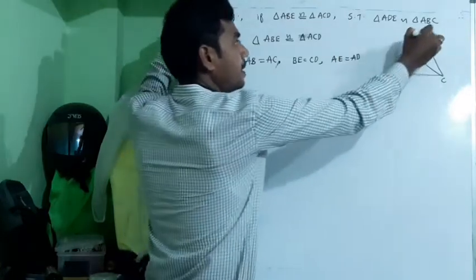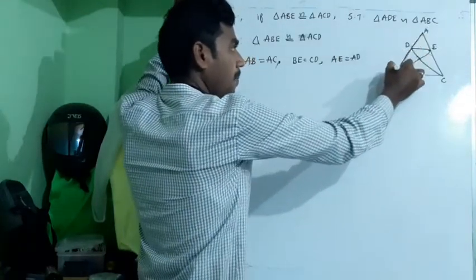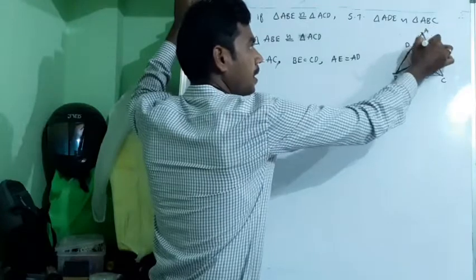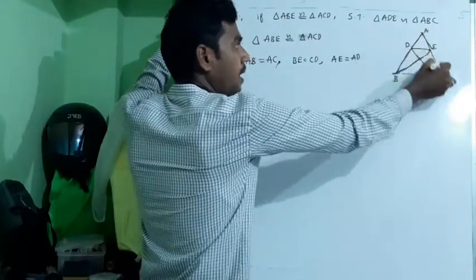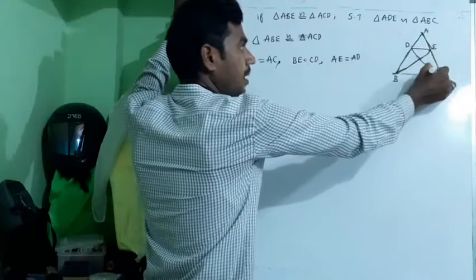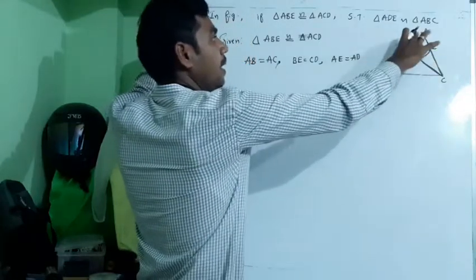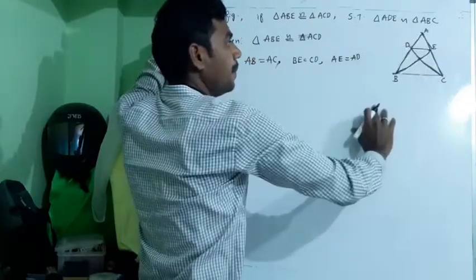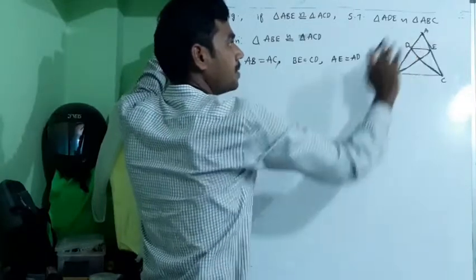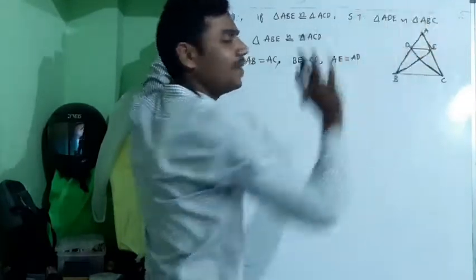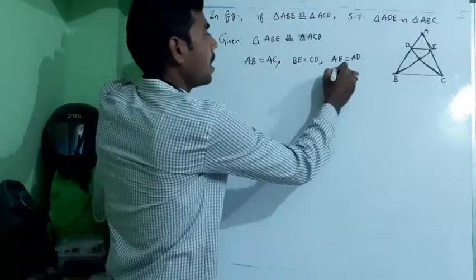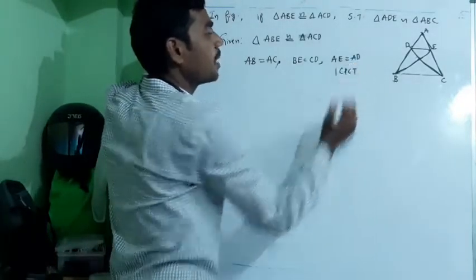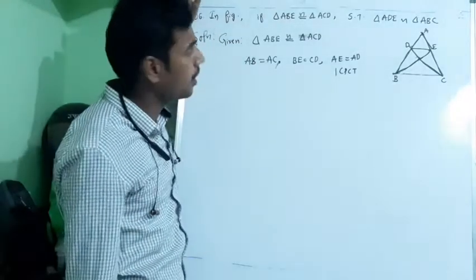See, this triangle ABE is congruent to triangle ACD. So AB is equal to AC, BE is equal to CD, AE is equal to AD. Why? Because of CPCT, corresponding parts of congruent triangles.